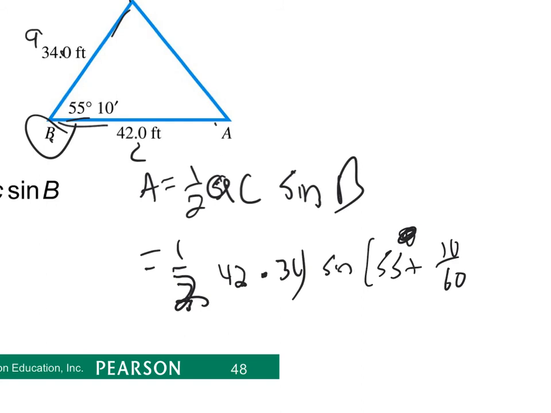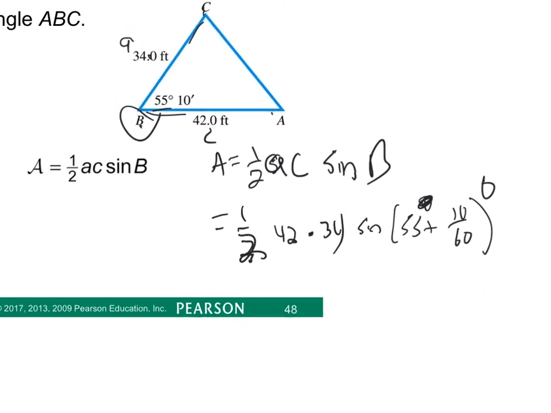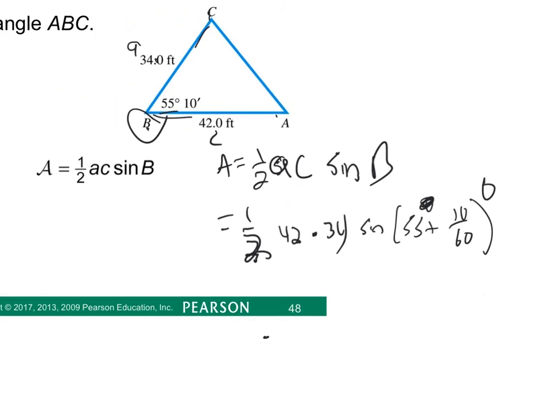So let me take off that degrees. 55 plus 10 out of 60 degrees. Calculator problem. All right, you key it in. I'll make it easy though. 1/2 of 42 is 21 times 34 sine of this.